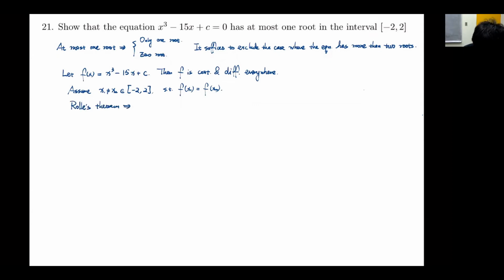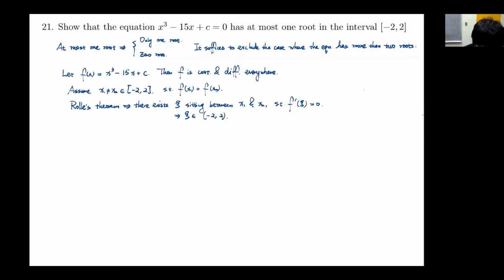So this will imply that there is a C sitting between x1 and x2 such that f prime of c equals 0. Notice that c sitting between x1 and x2 means c is also sitting between -2 and 2.